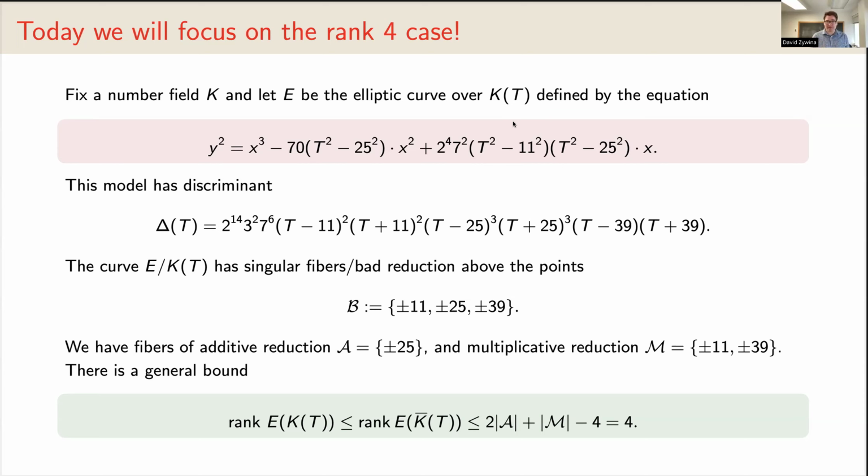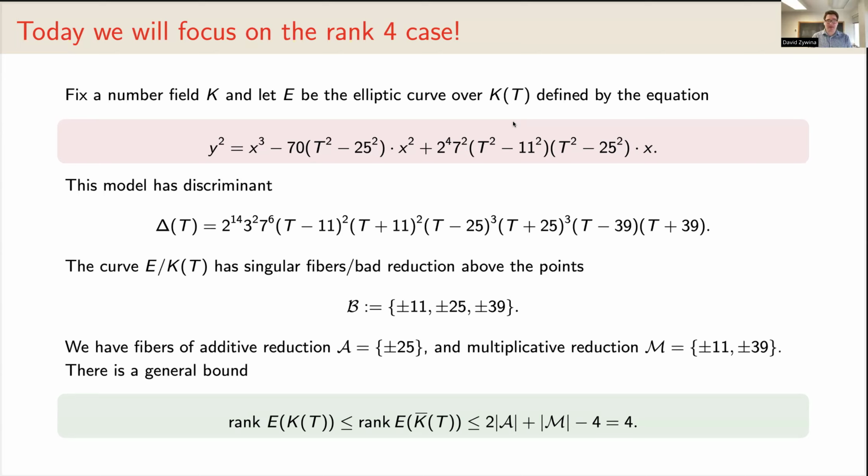If I plug in plus or minus 11, plus or minus 25, plus or minus 39, this is not going to give me a model of an elliptic curve. This curve has singular fibers, bad reduction, above these points. The point at infinity is also good. And you can check that the plus or minus 25 are fibers of additive reduction.